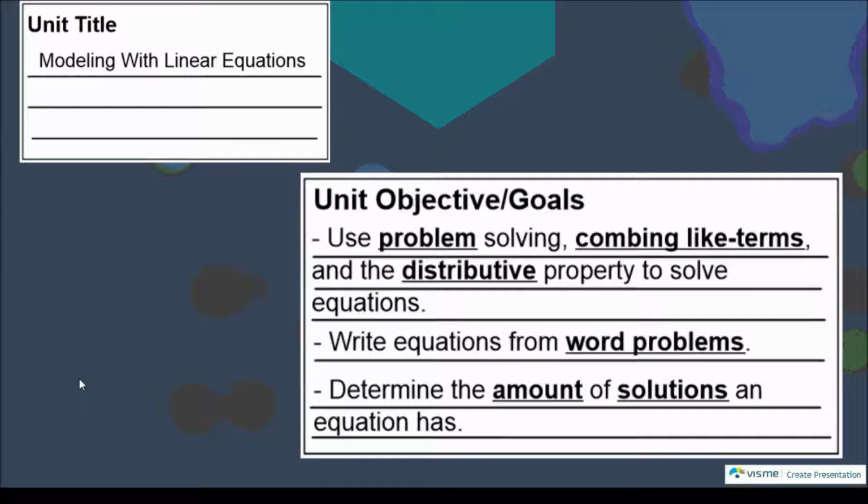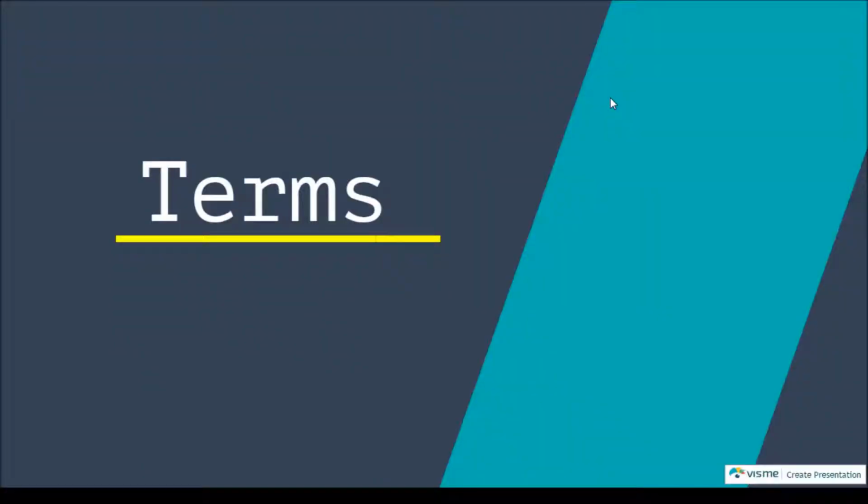Our second goal is that we're going to write equations from, okay, we've actually done that before too. We've written some equations from word problems. And let's go to the third one. We're going to determine the number of solutions an equation has. Now we haven't talked about this part before. Here comes our new learning when we get to this section, the different amounts of solutions. Okay? Alright, so let's get started with our first word.